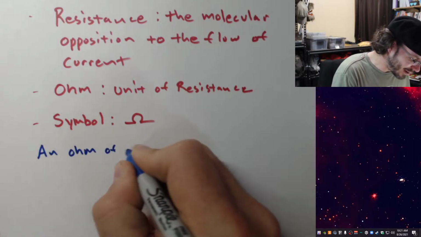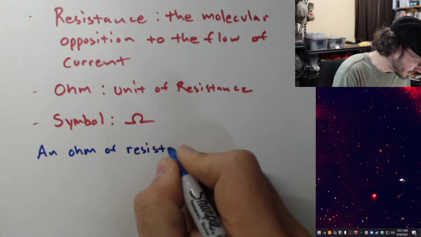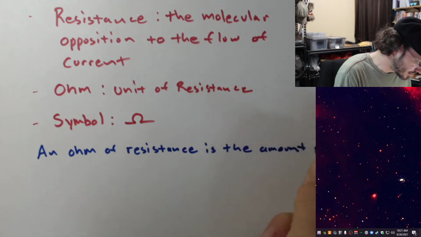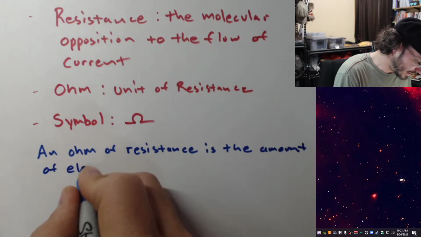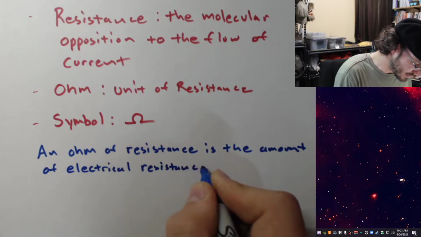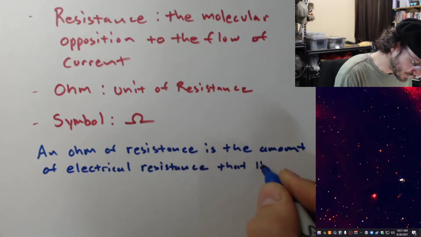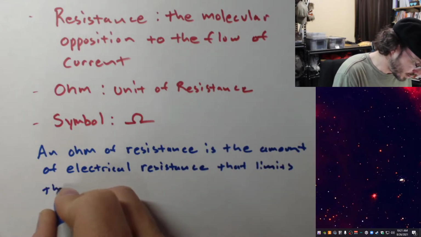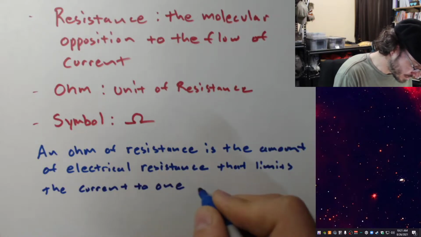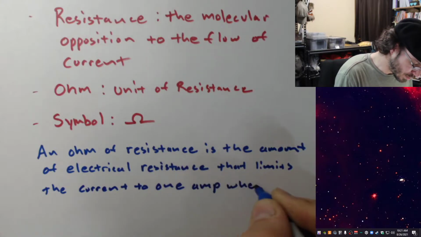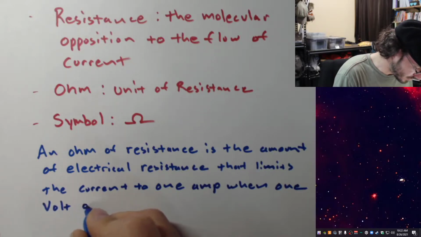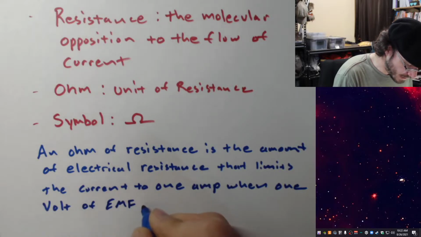An ohm of resistance is the amount of electrical resistance that limits the current to 1 amp when 1 volt of EMF is applied.